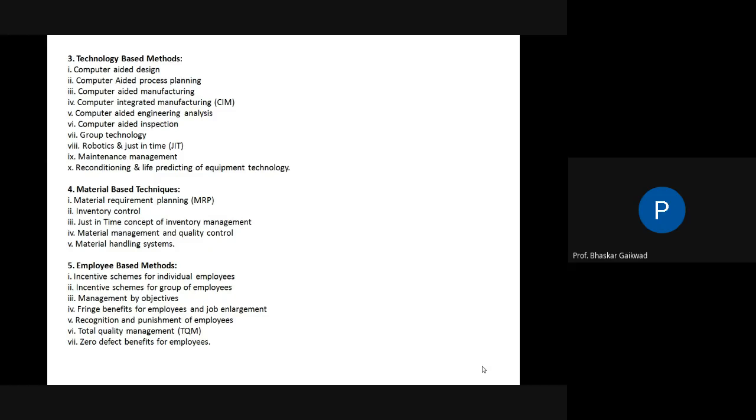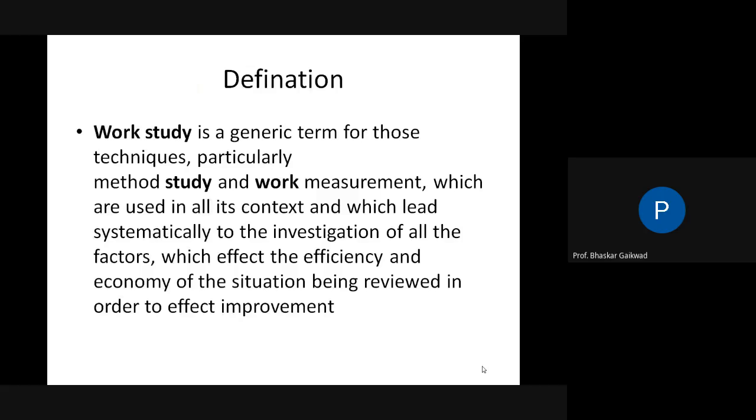This is also part of our improvement in productivity. If employees and employers have good relations and employers provide facilities, definitely the productivity will increase.